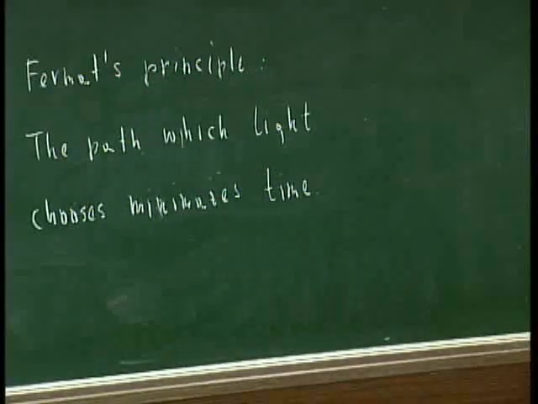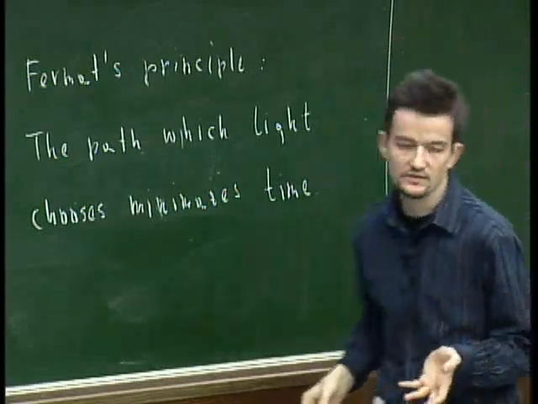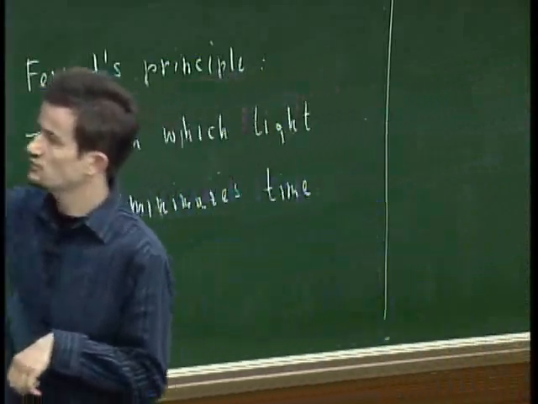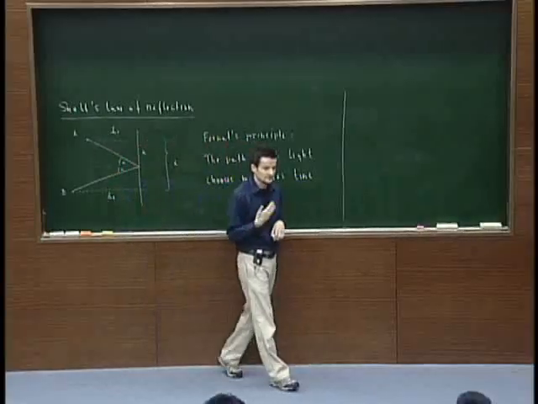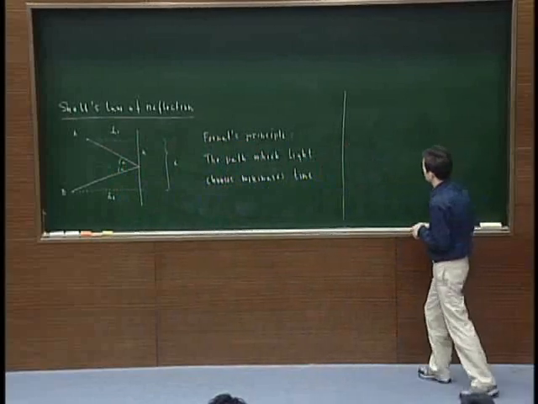Okay, since you know that the speed of light can be considered as a constant, to minimize the travel time or to minimize the distance traveled is just the same. So what we have to do is we have to minimize d.